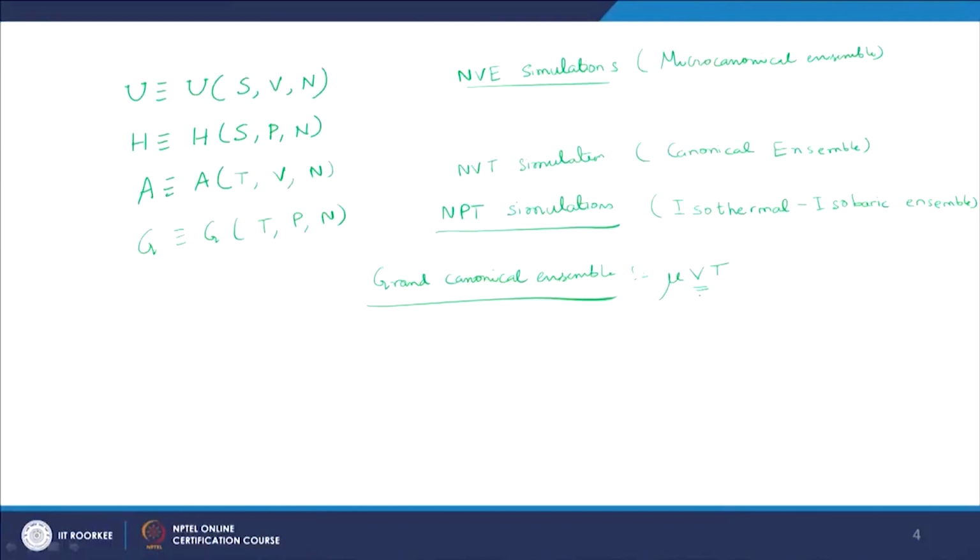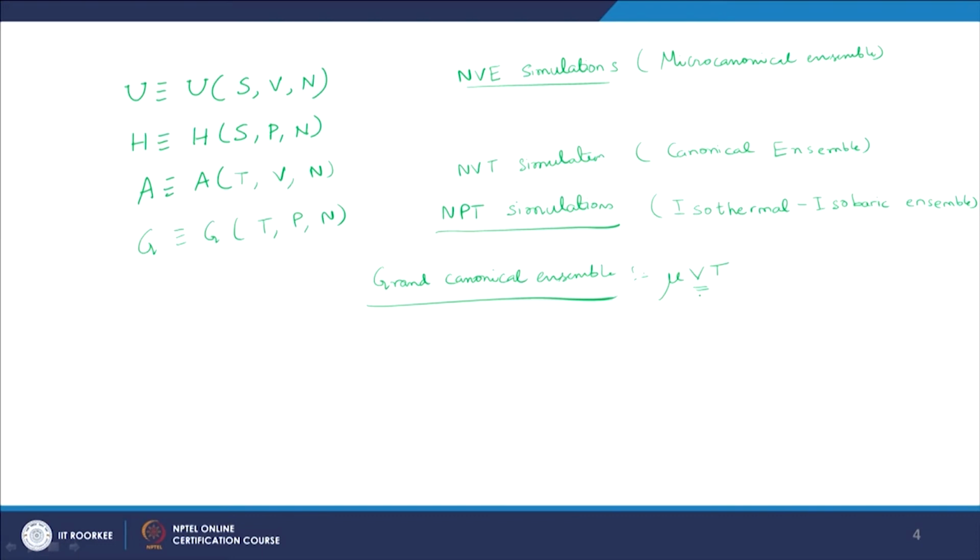Also, by the Gibbs-Duhem rule we know that all three cannot be intensive variables, because if I take all intensive, the sum is 0. So, one of them must be extensive. Here V is the one which is extensive and mu and T are both intensive.